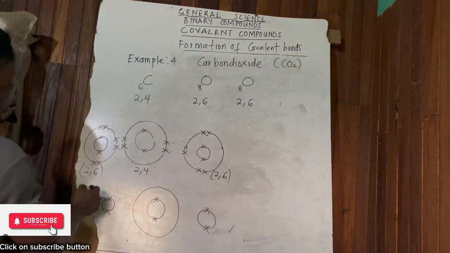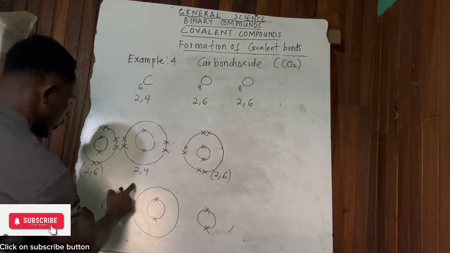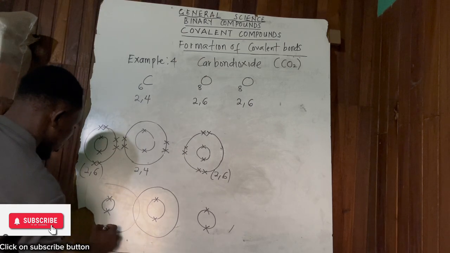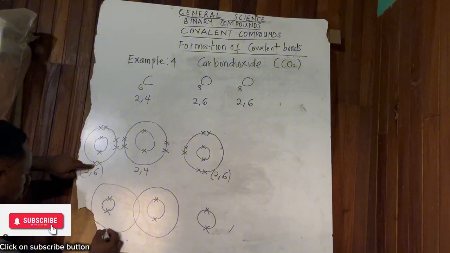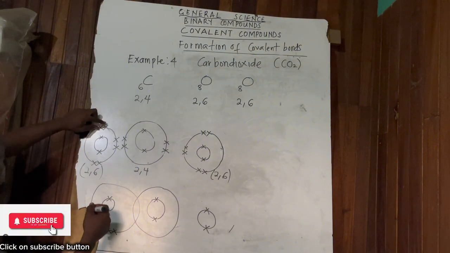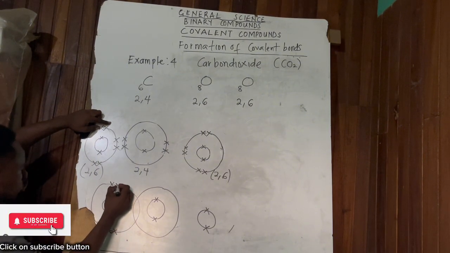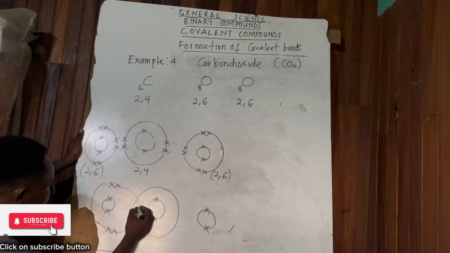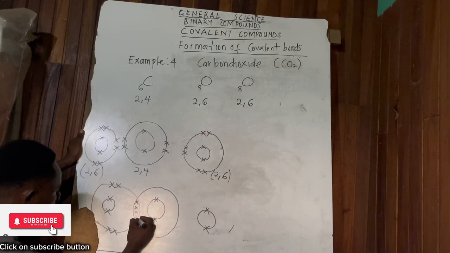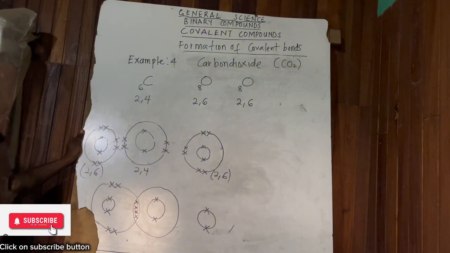Now, next one is, let me join this like this. So there is 2 here, 1, 2. There is 2 here, 1, 2. There is how many here? There is 4 here. So 1, 2, 3, 4, like this.